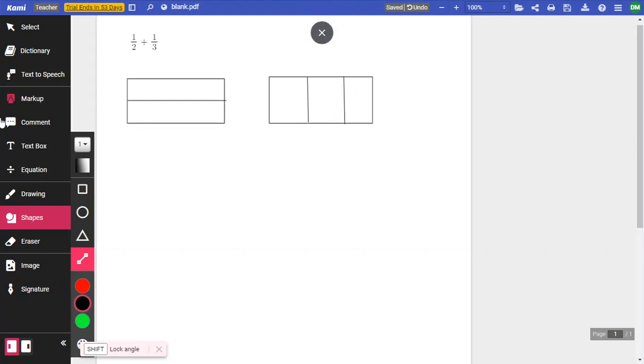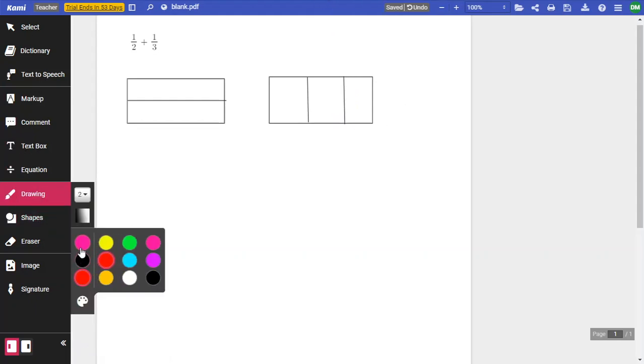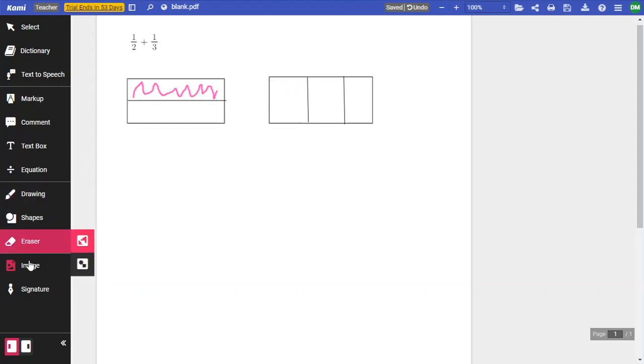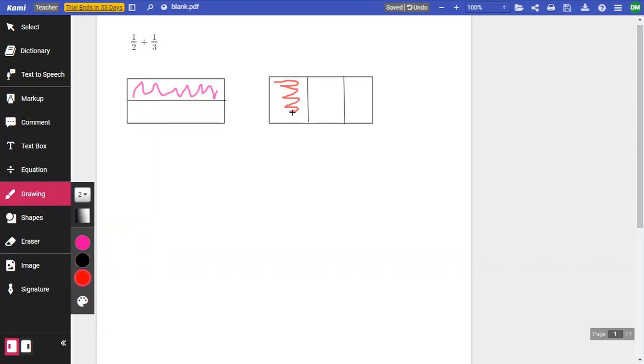Okay, so what I actually want to do is add this 1/2 right here to this 1/3 right here. Actually, I should use a different color. So I want to add that 1/2 to this 1/3 here. And that's pretty hard to do right now because I don't have the same denominator.